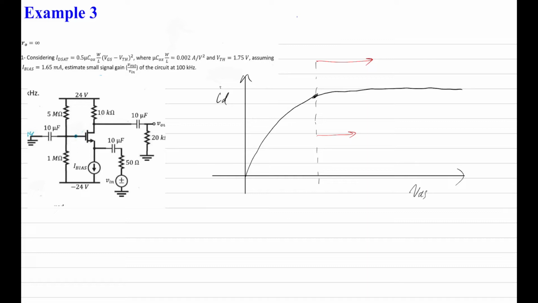So often a condition that we can say is that VDS is greater than or equal to VOV, the overdrive voltage, and that being the voltage gate source minus the voltage threshold, of course, okay?